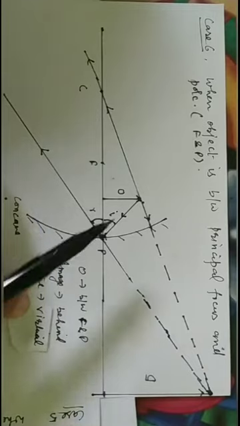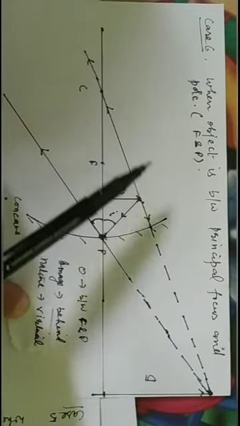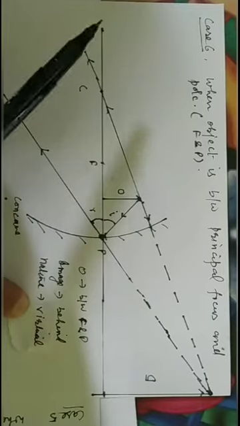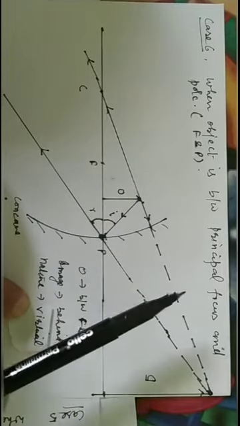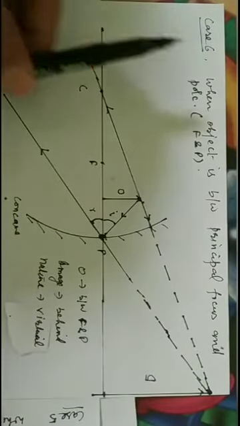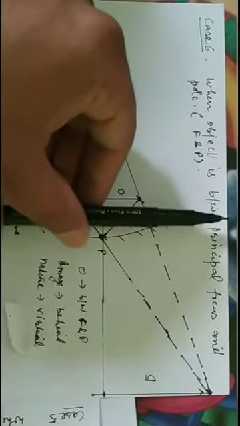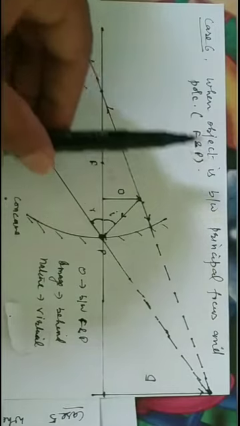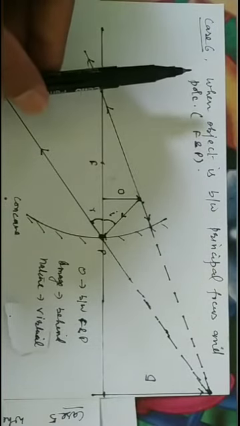See here, the rays after falling get reflected back. The rays cannot cross this mirror. The rays going from the object fall on the mirror and come back.